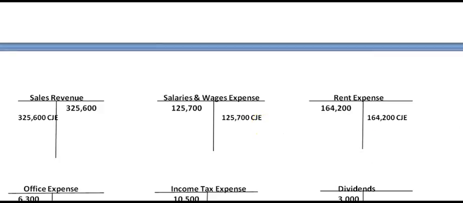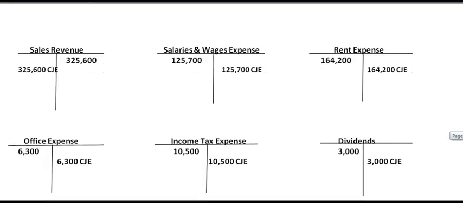Okay. Now as we look at each of our revenue and expense accounts and our dividends account, you'll notice that when we go to calculate the balance, and the way we calculate the balance is to add up the debits, add up the credits, and then subtract, the balances are zero. $325,600 minus $325,600 yields a zero balance.